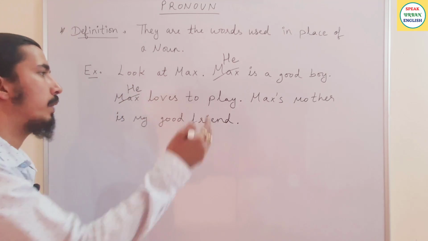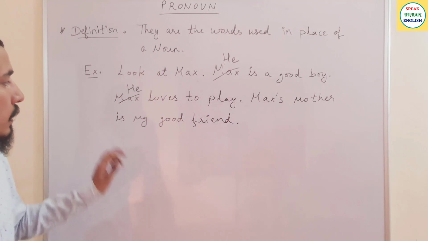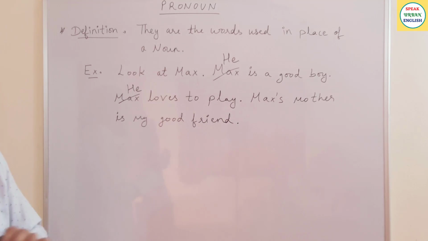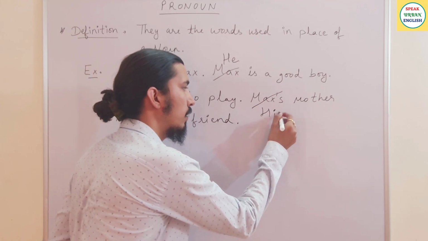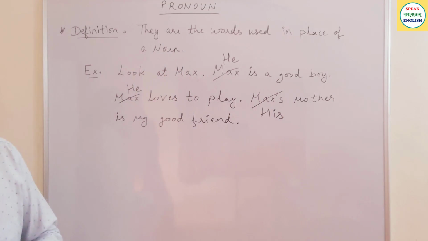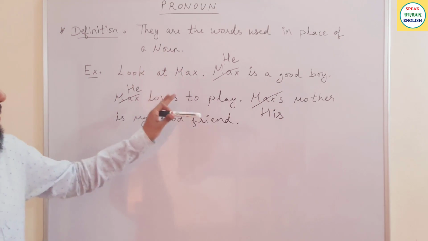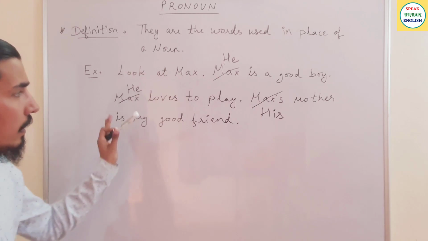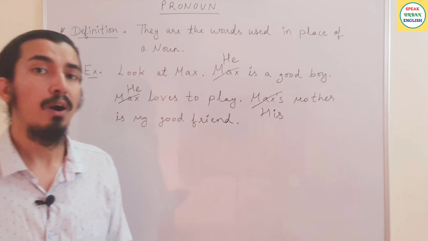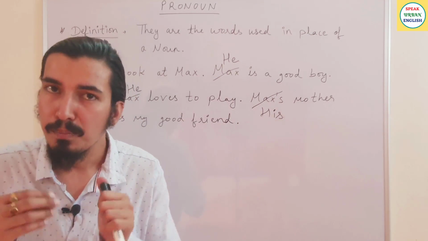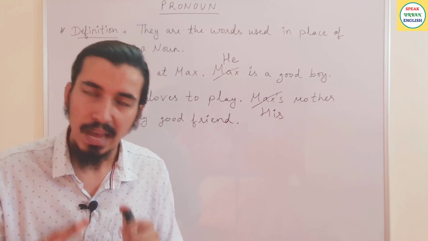He loves to play. Max's mother is my good friend. Instead of writing Max here, we can write his. So these sentences turn out to be: Look at Max. He is a good boy. He loves to play. His mother is my good friend. So now the sentence is more meaningful and more appropriate, guys.